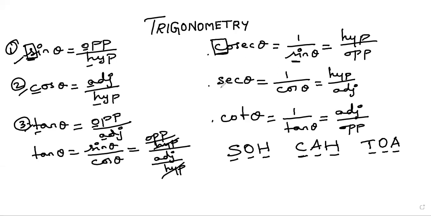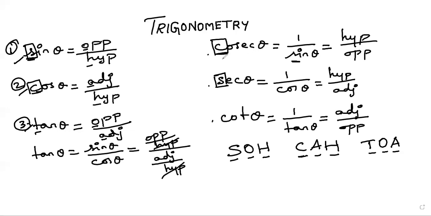Okay, and here for secant, you should go with cos. See, for the starting letter S, you should write C. Okay, just reciprocal. First, you remember these three formulas. Sine, cosine, tangent, only the main formulas. Okay, so after memorizing these three formulas, you can just go here.